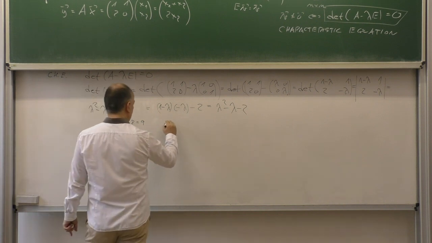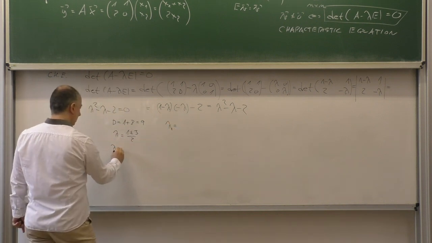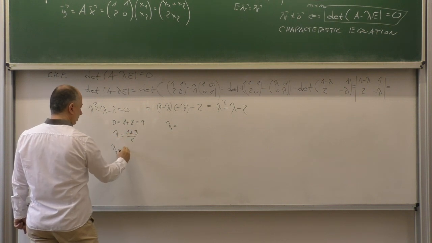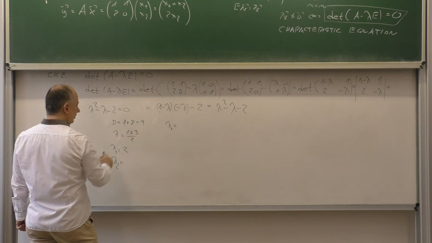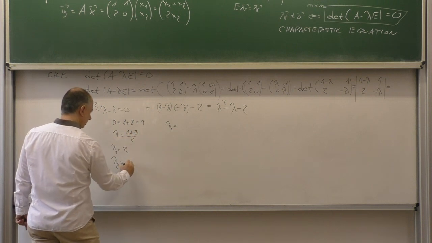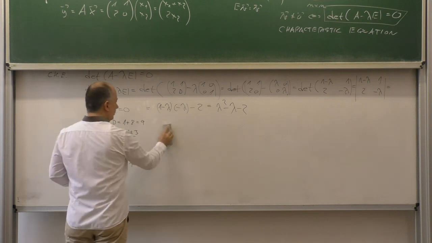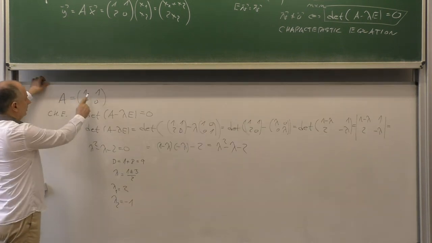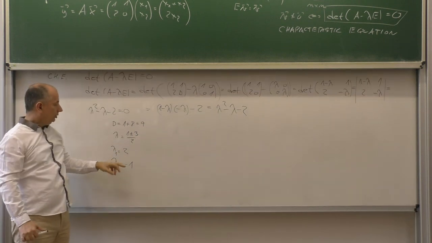And that means that lambda 1 is 1 plus 3 is 4 divided by 2 is 2. And lambda 2, 1 minus 3 is minus 2 divided by 2 is minus 1. So we see that this matrix has 2 real distinct eigenvalues, 2 and minus 1.